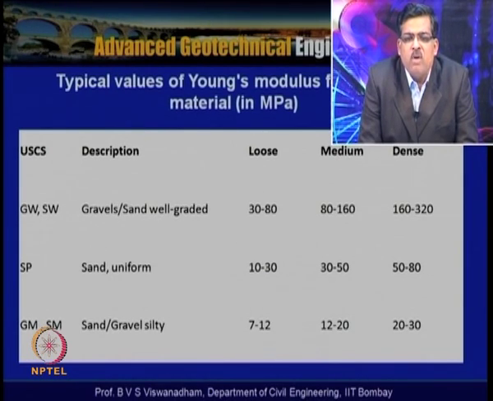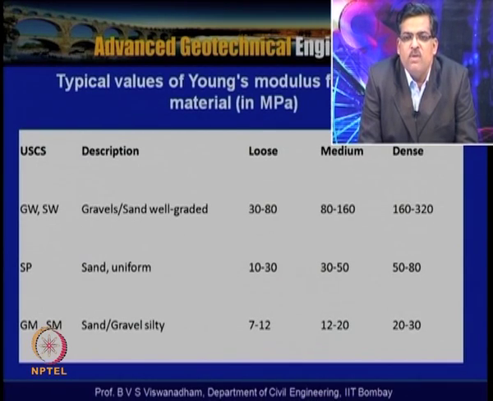For GM and SM type of soils, the Young's modulus values typically range from 7 to 12 megapascals in the loose state, and 20 to 30 megapascals in the dense state. So you can see that depending upon the groups and types, even in granular materials, the ranges differ across stress states: the loose, medium and dense configurations.